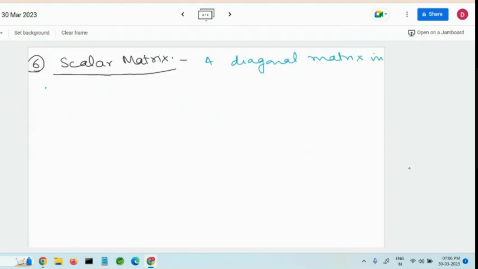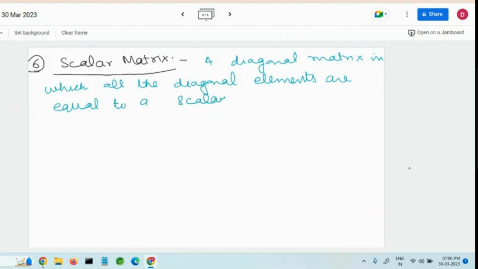A diagonal matrix in which all the diagonal elements are equal to a scalar, say k, is called a scalar matrix.